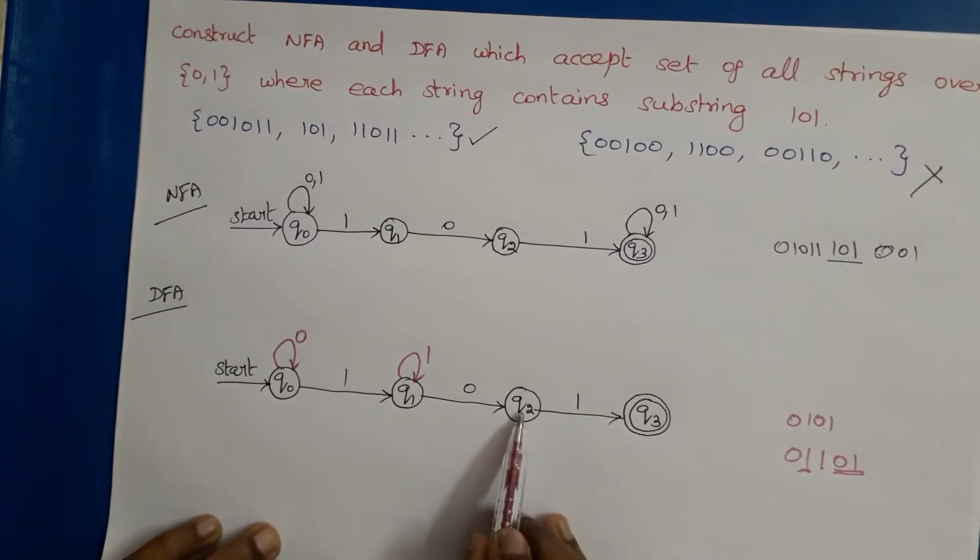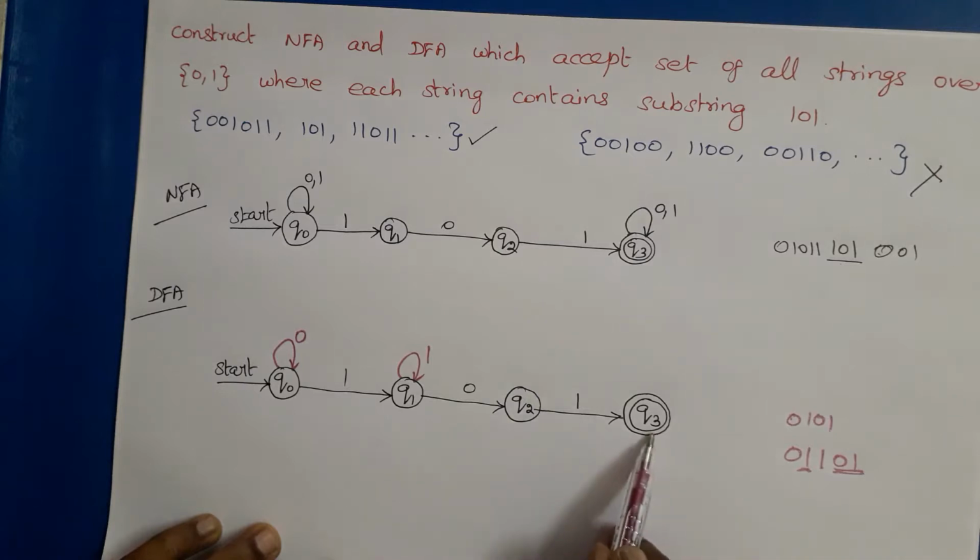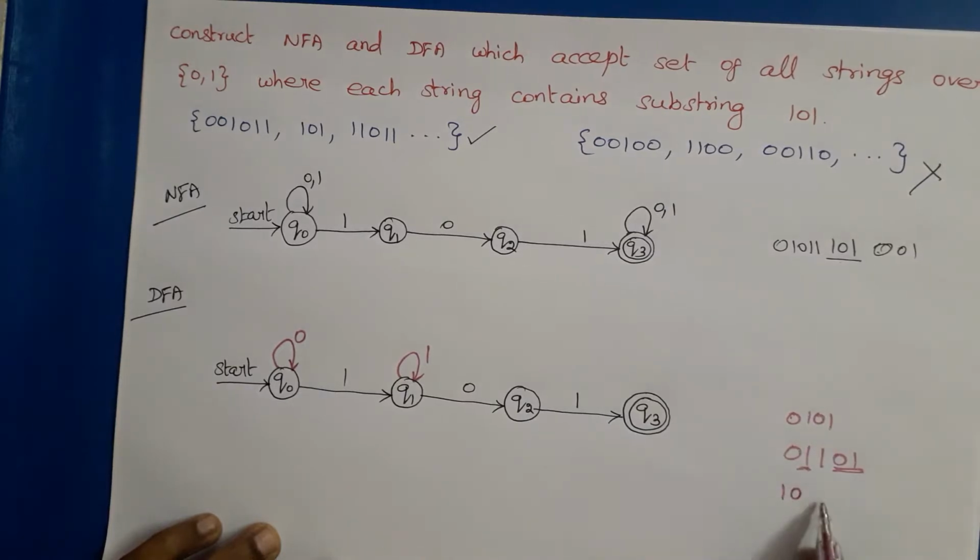Then in Q2, after recognizing 1, 0, if the next input is 1, we can reach the final state. But if the next input is 0, after recognizing 1, 0, the next symbol must be 1 for the string to have the substring 101.